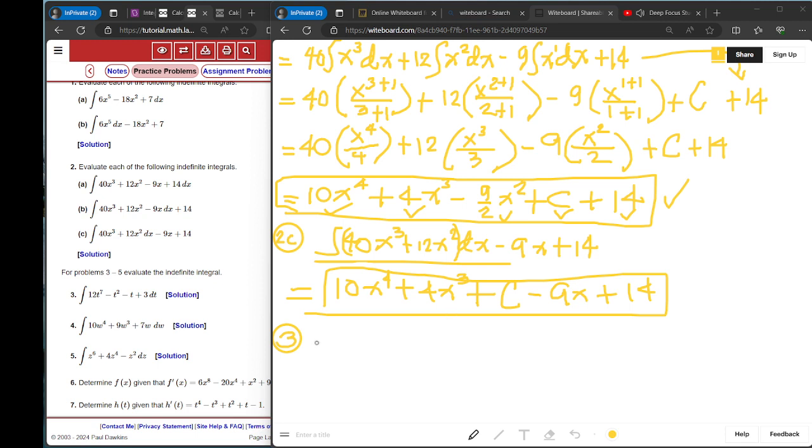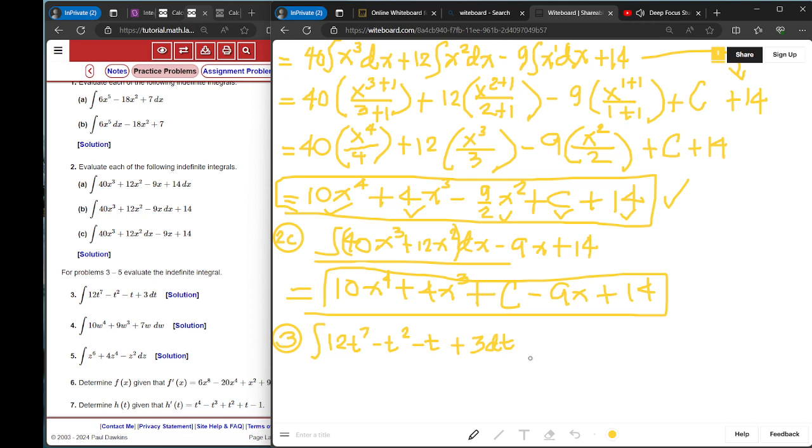is the integral of 12t to the 7 minus t squared minus t plus 3 dt. Again, we have to integrate terms or items in between the integral sign and the derivative sign.